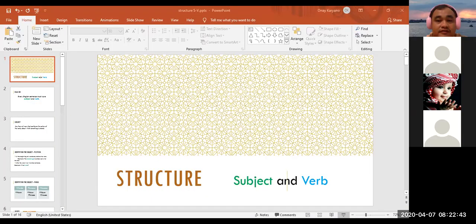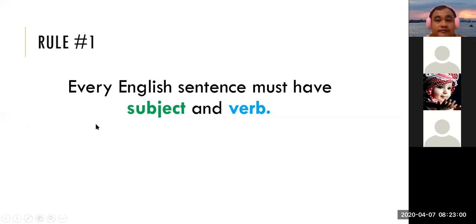A sentence must contain a subject and then a verb. The rule in English is clear: every English sentence must have a subject and verb. It's a little different from Bahasa Indonesia, because in Bahasa Indonesia the sentence doesn't have to have a verb.